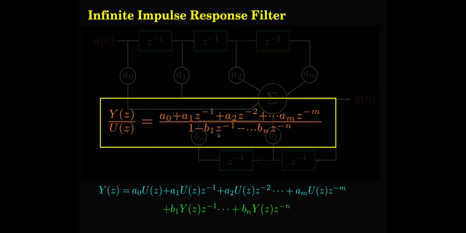So let me go back to the infinite impulse response filter transfer function that we had discussed before, and explore the canonical form with respect to the generic filter.